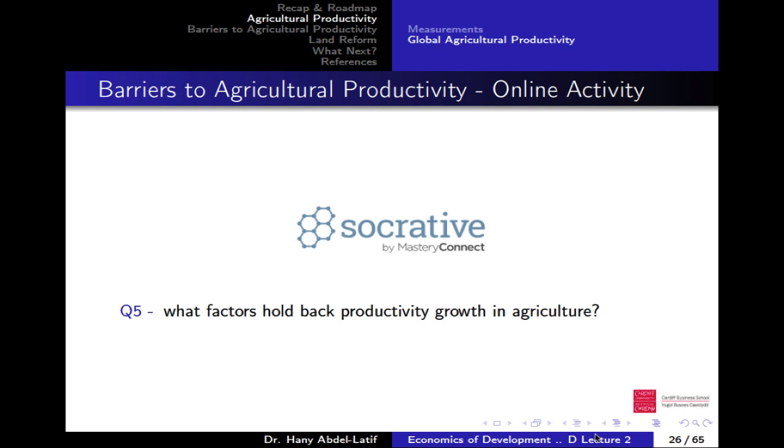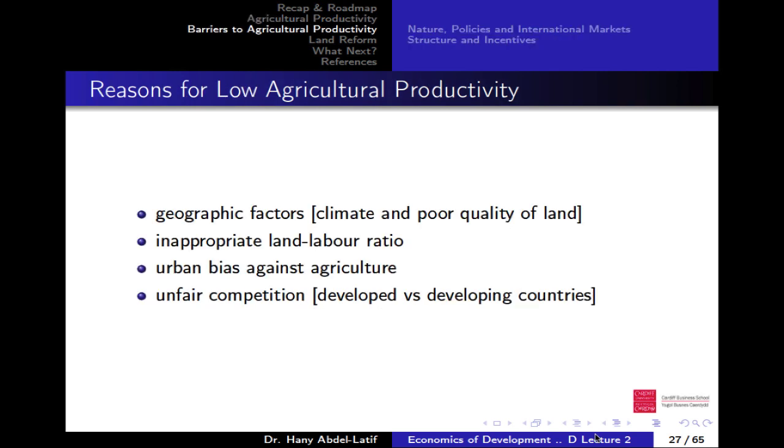First, I will start with some natural factors, different policies, or international markets, and then I will talk about something more fundamental in rural areas, and this is exactly what I have experienced in my childhood when I was back home in Egypt. So let me start first with the most obvious reasons, but then we'll talk about what is even more important than these factors.